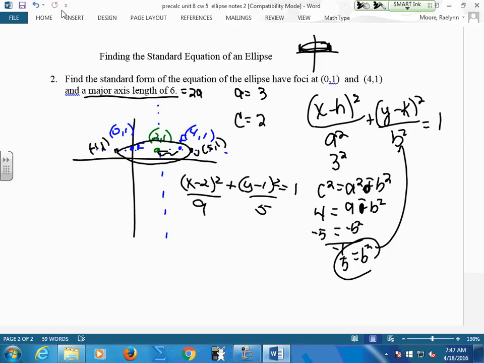You're going to need the formula C squared equals A squared minus B squared when you're given C and only one of A or B. But if you're given A and B, then you don't need to worry about C. It doesn't play into your formula. So kind of go by just what they give you. Determine which one is your major axis. That's where your center comes in the middle. Your foci and your vertices lie on your major axis.